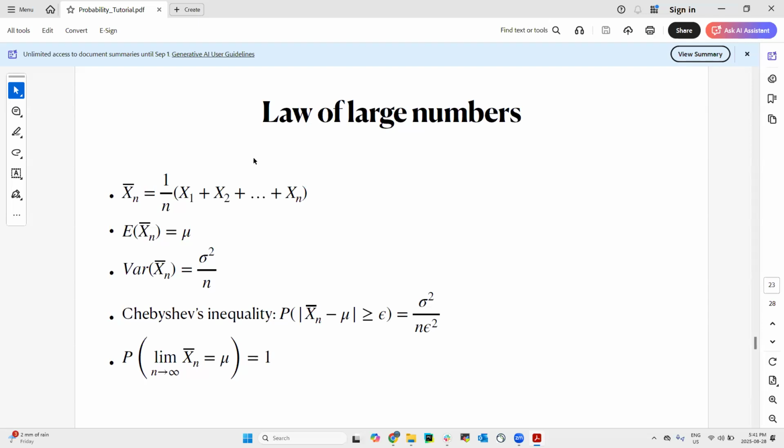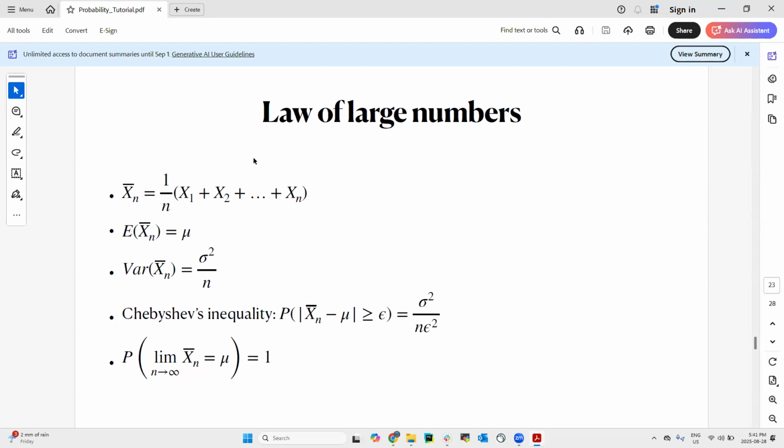Even if I do it in this class, it might differ by some points. Does it make sense? So I can think about this x bar of n as being the random variable itself. Okay, so what is this random variable? It's basically the average of the samples, and I have more than one sample.